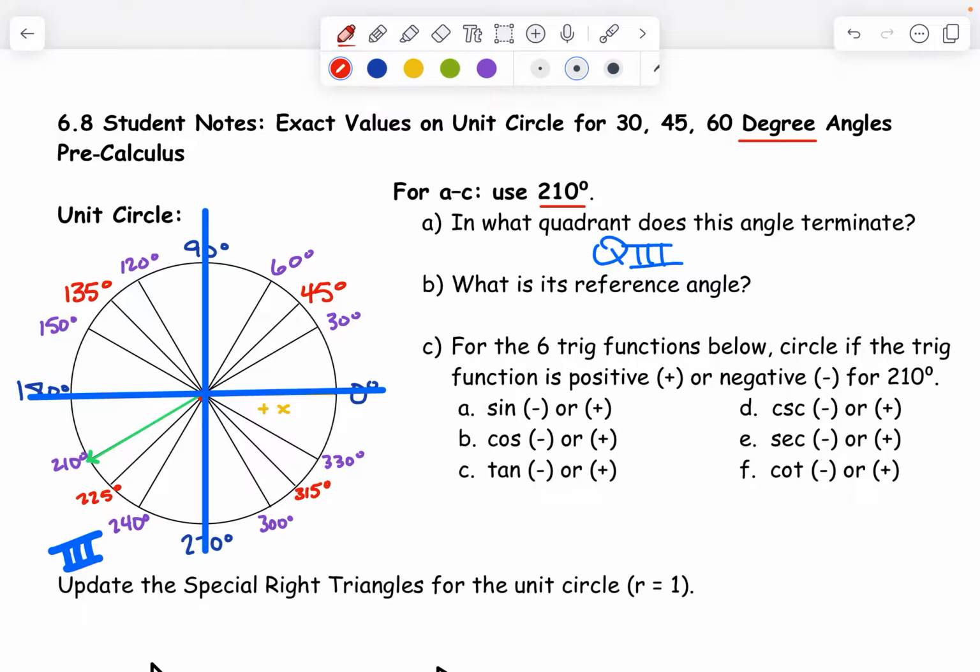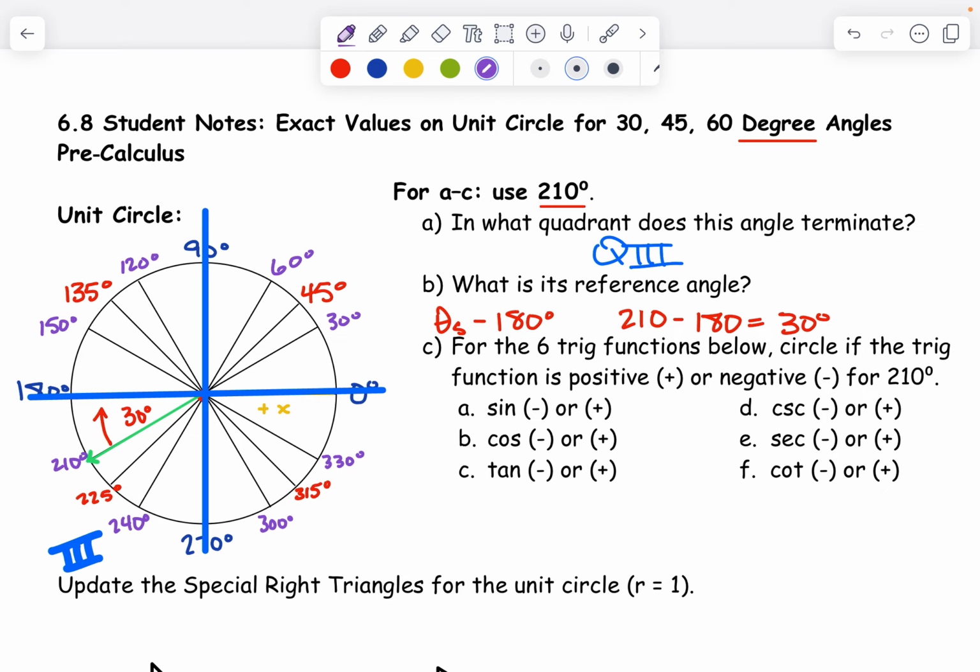So when you're in quadrant 3, you want to take your standard angle and you want to subtract 180. So 210 minus 180 leaves us 30 degrees. It would be the fastest route to go this 30-degree angle to the x-axis.